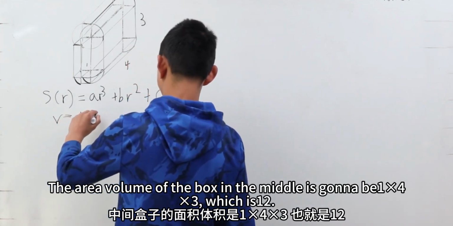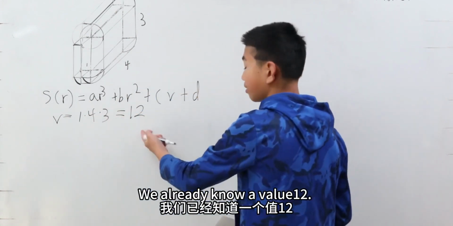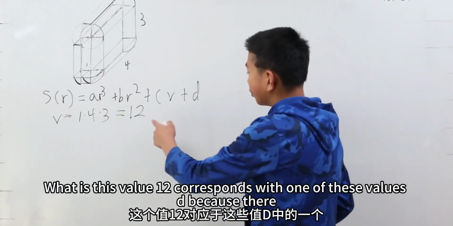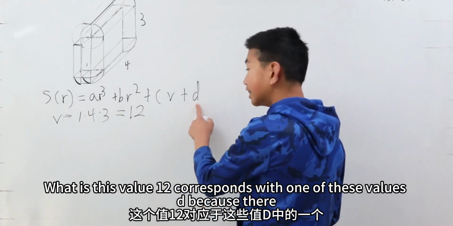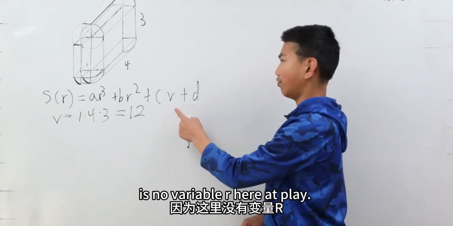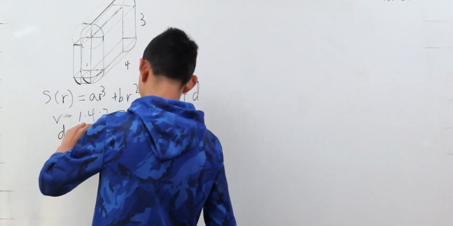It's going to be 1 times 4 times 3, which is 12. We already know a value, 12, and it corresponds with D, because there is no variable R at play. So D is equal to 12.